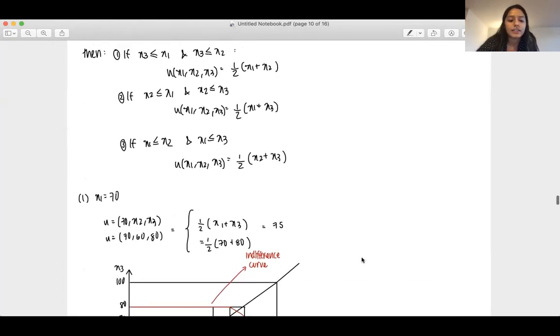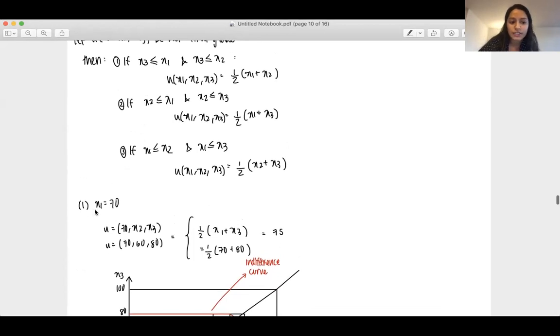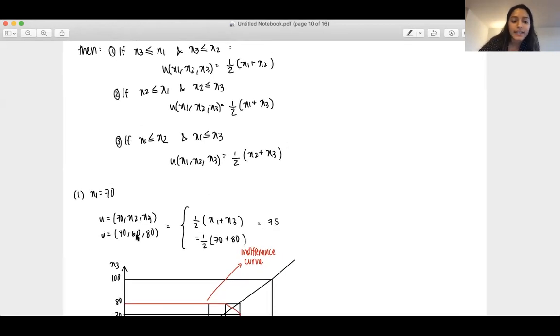So in the first part of the question, they tell us that the first exam score is 70. And then they tell us that the second exam score is 60 and the third is 80. So in order to create the problem, or how we're going to solve it, I just wrote it out like this. You can write it out however you want, but I feel like it's easier to do everything step by step, because first they gave us 70, then they gave us 60 and 80. Now we can see that 60, which is our second exam score, is the lowest out of the 3.